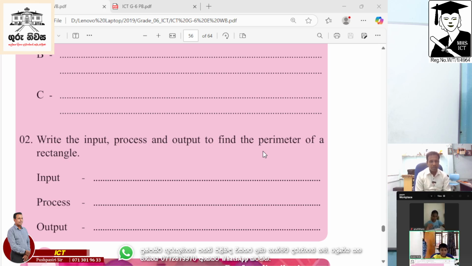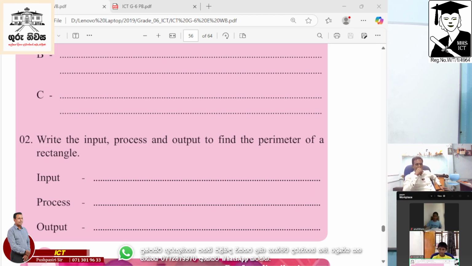Sir, should I tell the answer? Yes, it's better. You tell the answer. Input: length and width of the rectangle. Process: length plus width times 2. Output: perimeter of rectangle. Okay. That's correct.